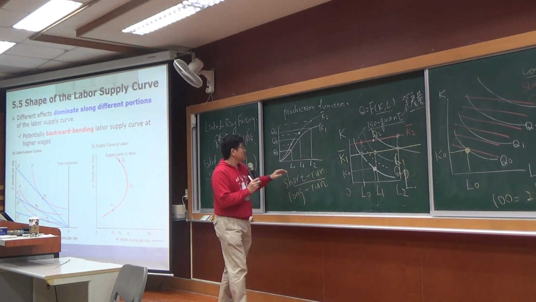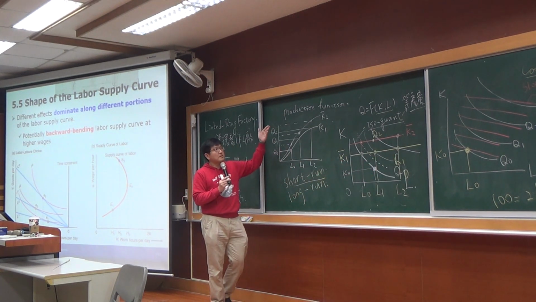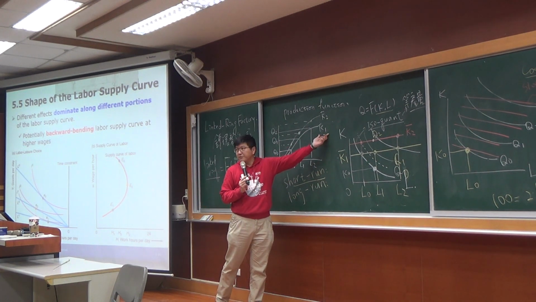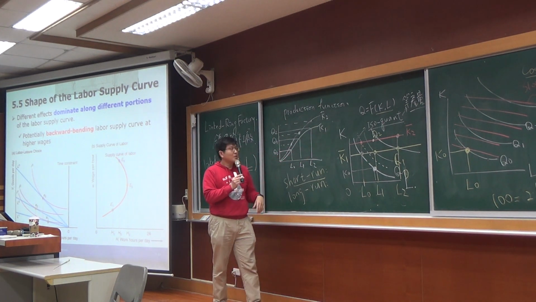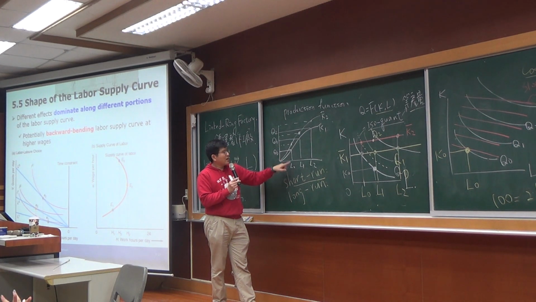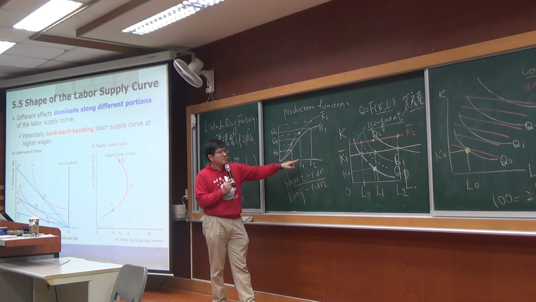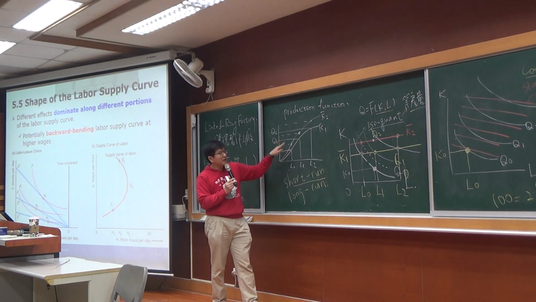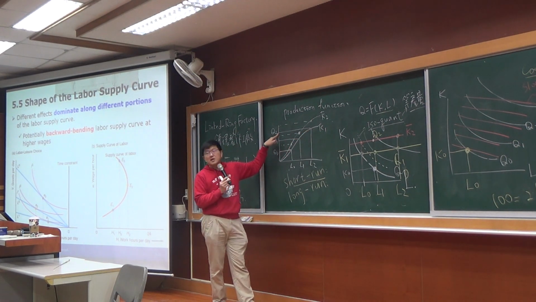So the corresponding short-run production function, when capital is fixed at the level K1 bar, has L0 corresponding to Q0, L1 corresponding to Q1, and L2 corresponding to Q2.